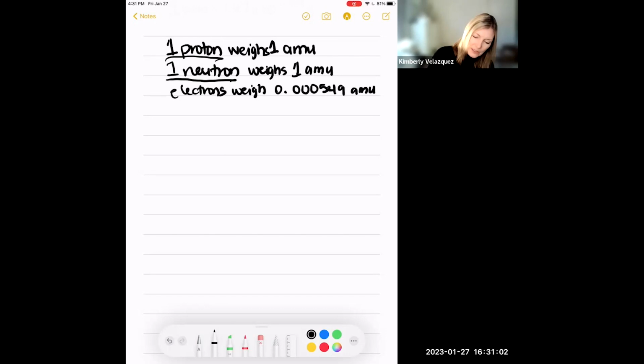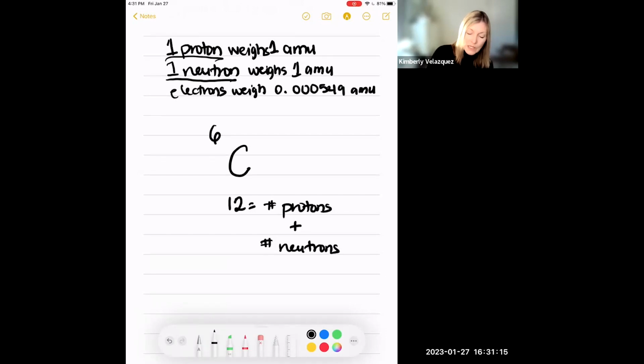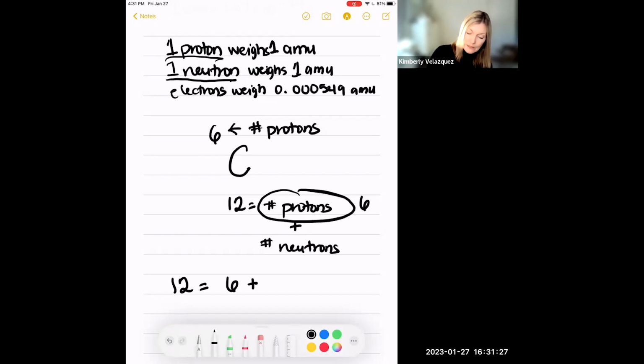Let's draw this figure. So carbon, atomic number 6, atomic mass of 12, and that 12 equals the number of protons plus the number of neutrons. We know that carbon has 6 protons. So that means that 12 equals number of protons, which is 6, plus the number of neutrons.